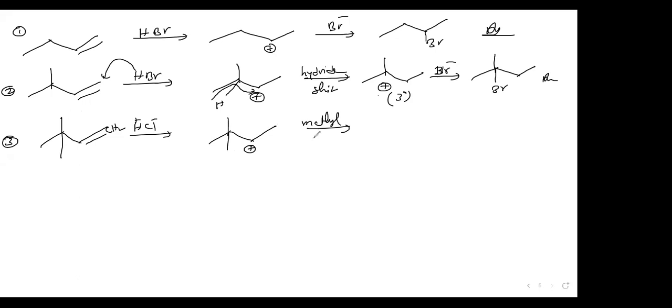There is a possibility of formation of a 3 degree carbocation. So the bond completely shifts, and we are getting a 3 degree carbocation. Then after formation of the most stable carbocation, the nucleophile readily attacks over here. These are the cases.